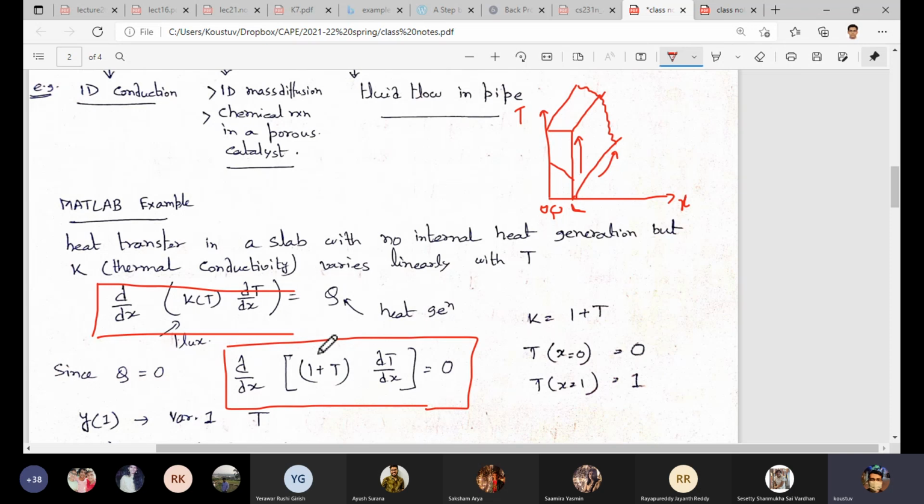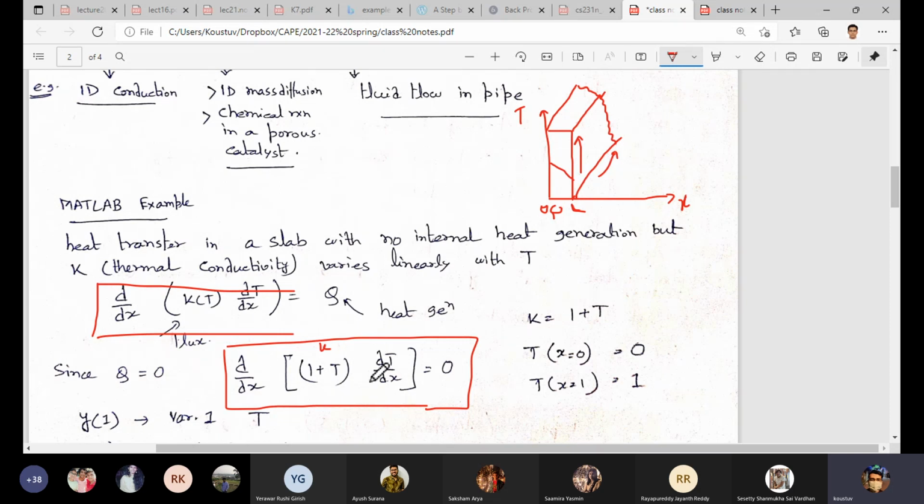One is the thermal conductivity of that solid material, which depends on temperature. Sometimes we keep it constant. If it is a constant, we can take it out, or if it is a function of temperature, it can be of this form or T squared or some other function which will make it non-linear. A little bit complicated, but we can solve it. So that is essentially the equation we have.